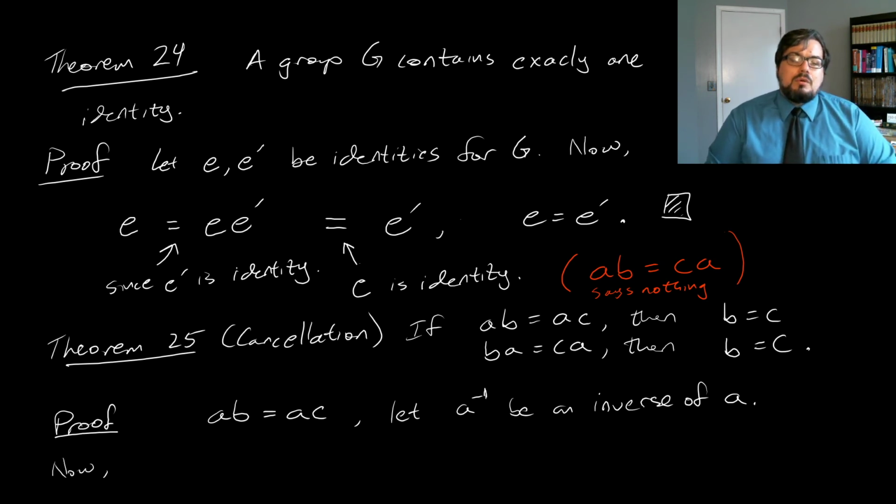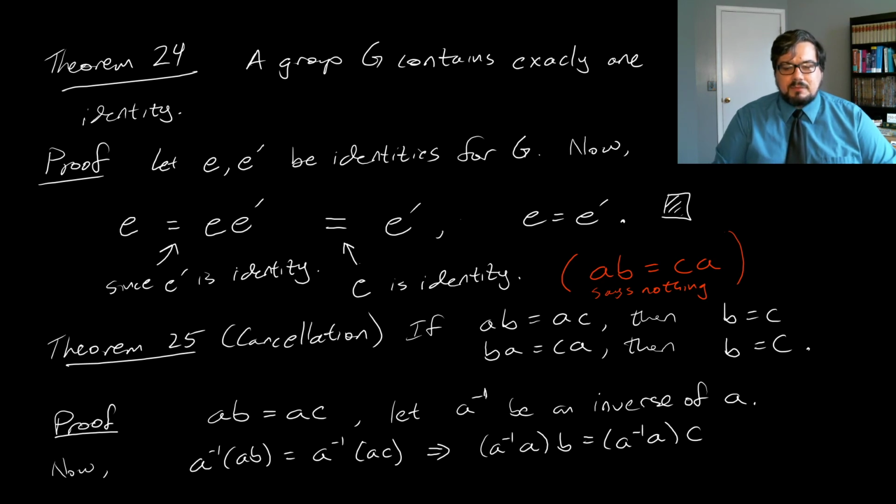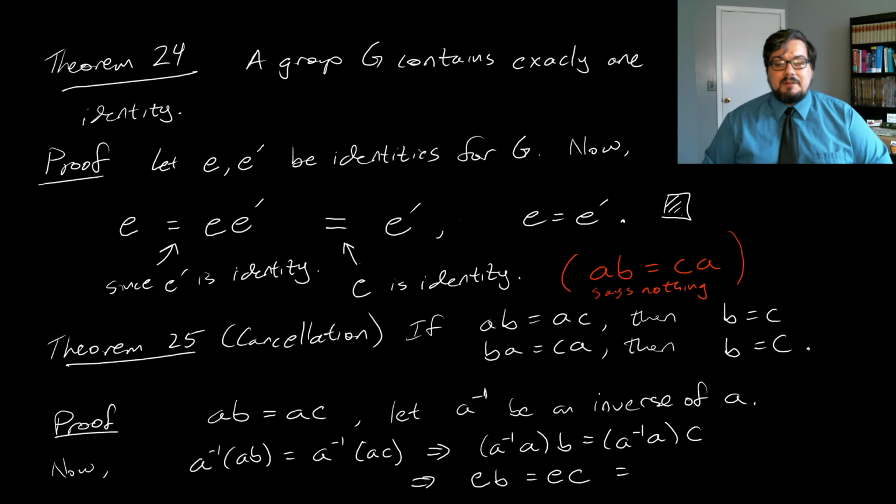Now, if AB is equal to AC, then A inverse times AB certainly has to equal A inverse times AC. And now by associativity, we have that A inverse A times B is equal to A inverse A times C, which implies that the identity times B is the identity times C, because an inverse of A has the property that if you multiply it by A, you get the identity.